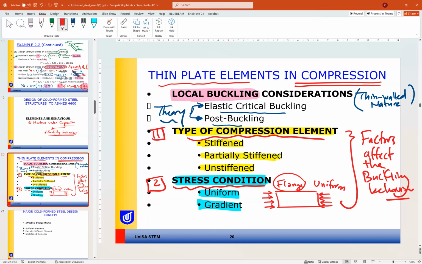For gradient, if the plate has, for example, two triangles like this, the stress is non-uniform. This is mainly in the web, because the web is under bending moment, so part will be under compression and part under tension if the moment is like that.